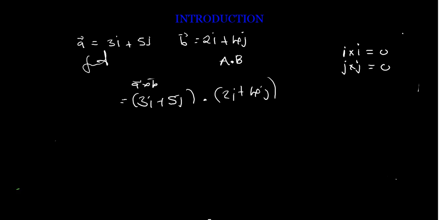But if I say i times j, if i is the first term, then you're getting a positive k. But if I say j times i, it's now a negative. These are the things to master. Very important. We'll be multiplying even the units themselves.